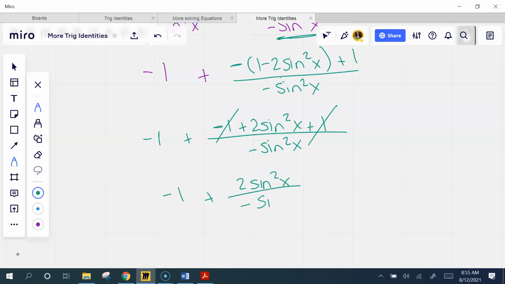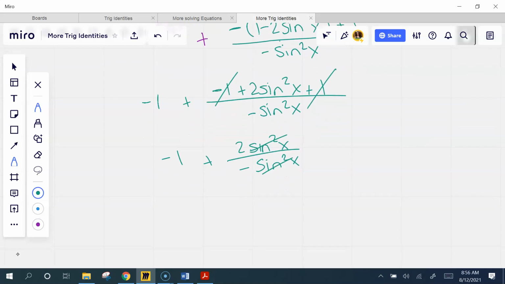Okay. Negative sine squared x. It's still negative because of that. Now, we're ready. Cancel the sine squared. I have -1 plus -2. Would you have ever looked at that fraction and thought, by a stretch of your imagination, that it would equal -3? No, it's crazy.